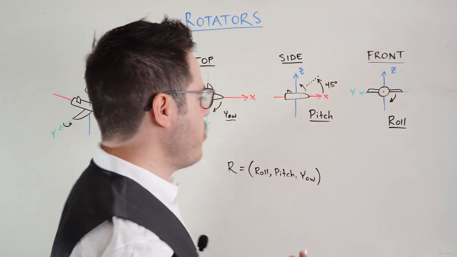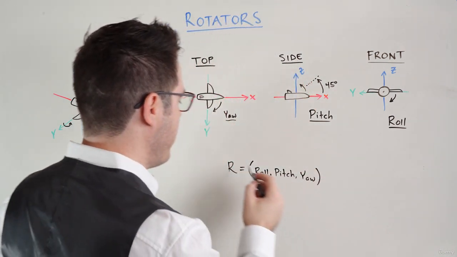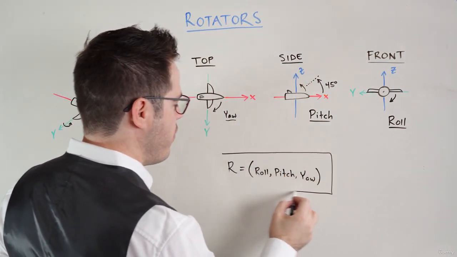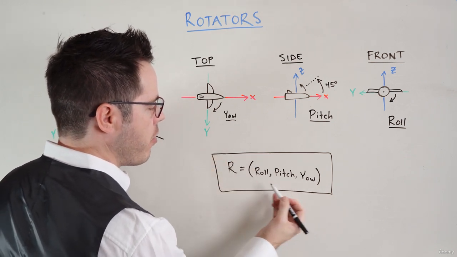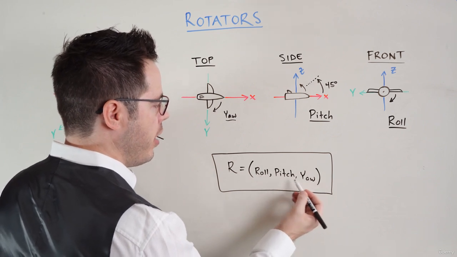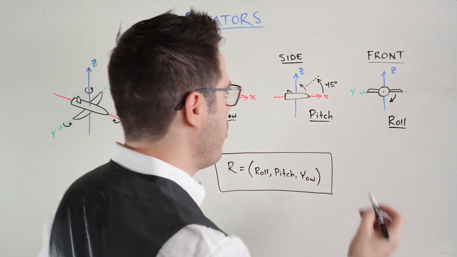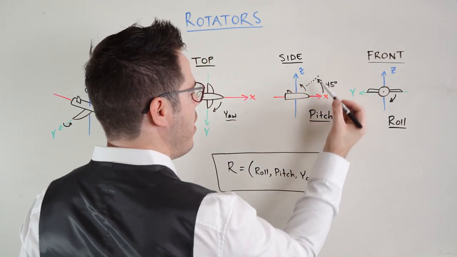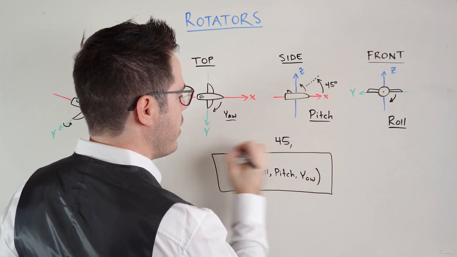And if we package the yaw, pitch, and roll all together into one structure, we get the rotator. It's very similar to a vector. It has three quantities, three angular measurements: roll, pitch, and yaw. These are typically stored as degrees. So if we rotate 45 degrees up in the pitch, then our rotator will have 45 for its pitch.